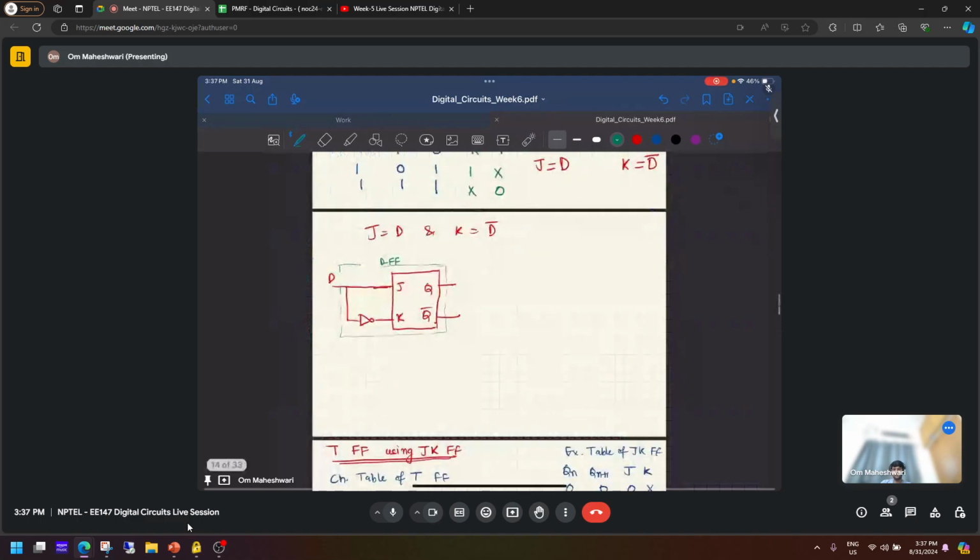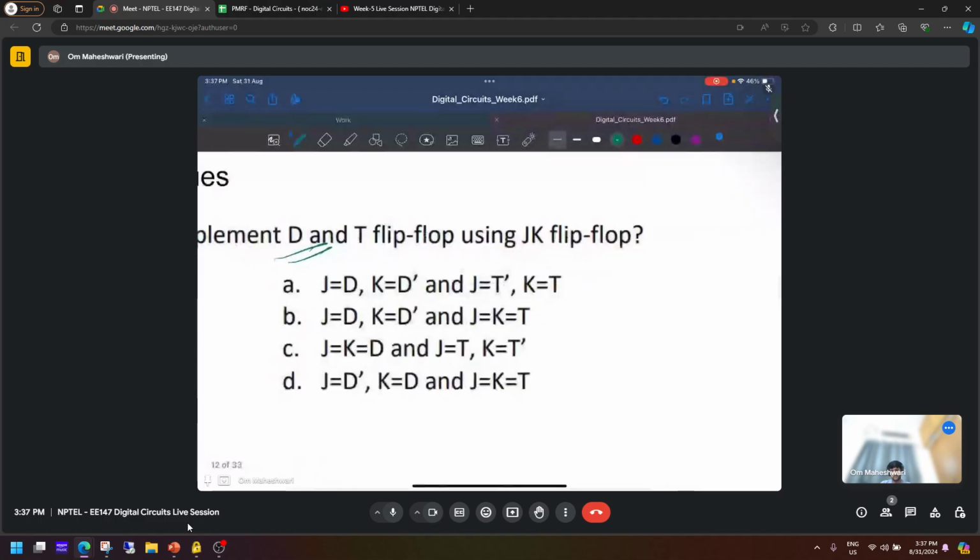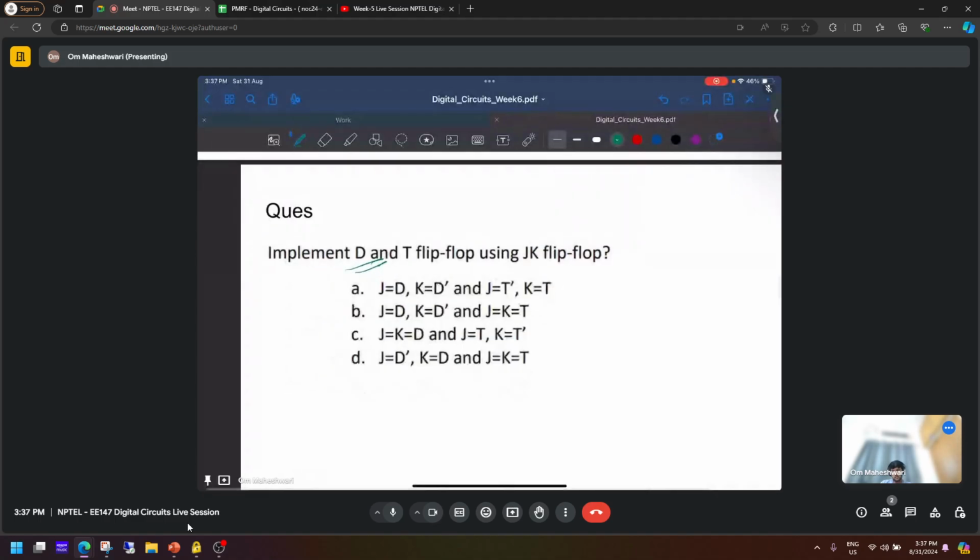So the answer is option B: J equals D, K equals D bar for the D flip-flop, and J and K equal to T for the T flip-flop.